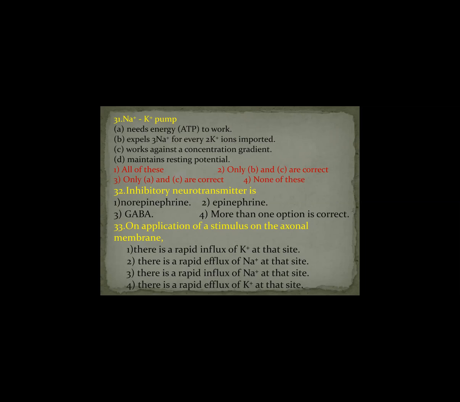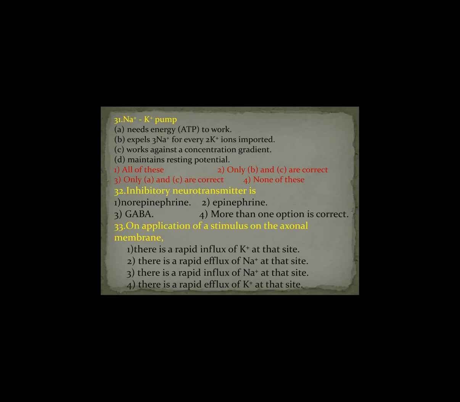Next, question number 32. The inhibitory neurotransmitter is. What is a neurotransmitter? A chemical messenger that transmits a nerve impulse from one neuron to another neuron across the synapse is called a neurotransmitter.